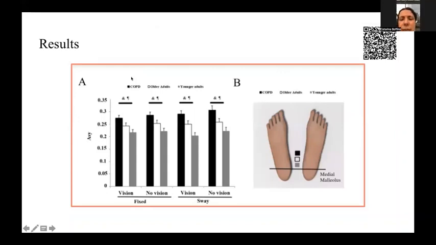We could see also that the patients with COPD have a more forward position of the center of pressure, compared with the older and younger groups, which have a less forward center of pressure position on the platform.